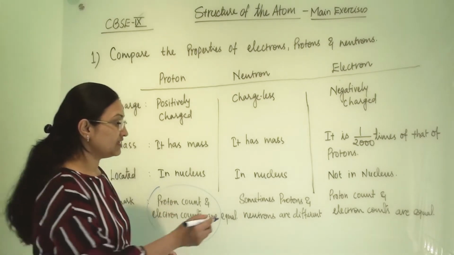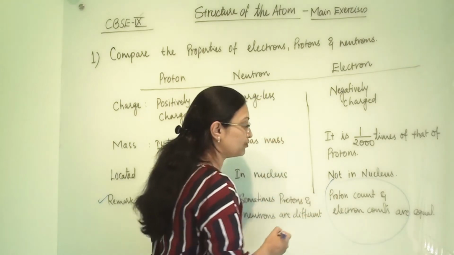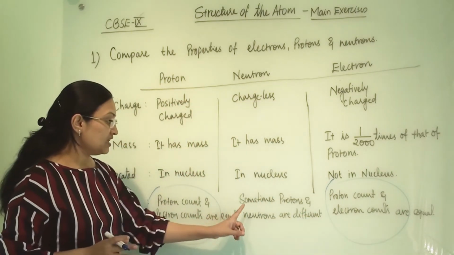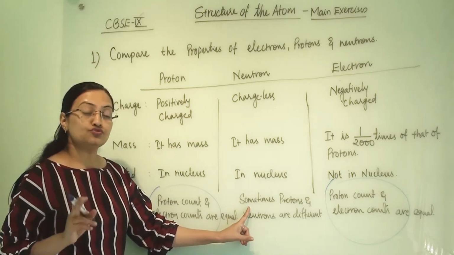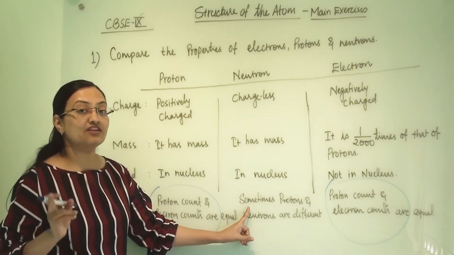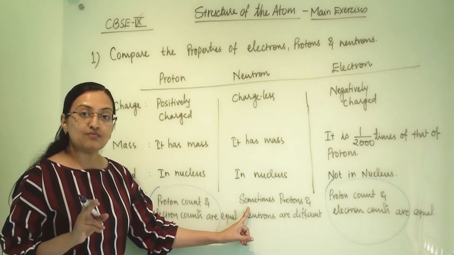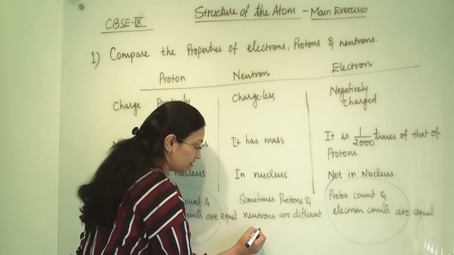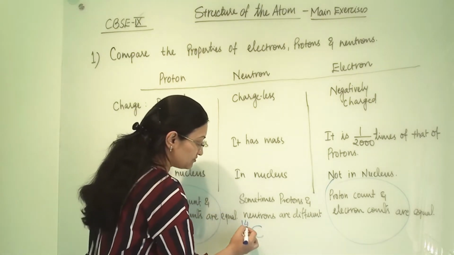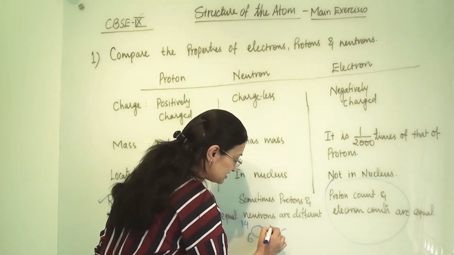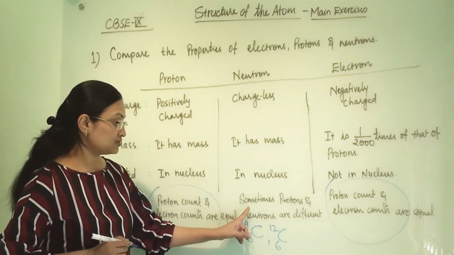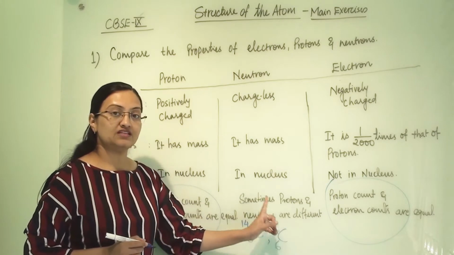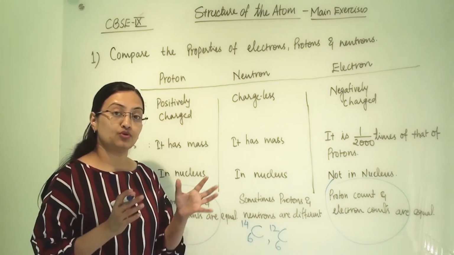Generally protons and neutrons are equal, but when they are different, the same element becomes isotopes. For example, carbon: C-14 and C-12. These are isotopes.